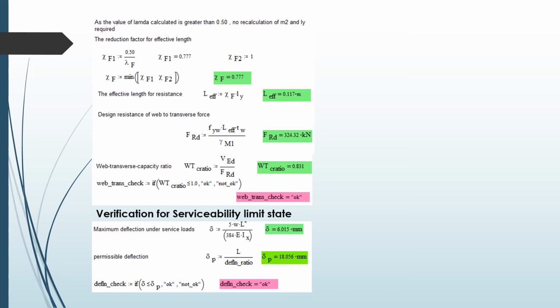So the deflection check shows that the calculated deflections are very much less than the permissible ones. Therefore, our section passes the verification for serviceability as well. So to conclude, we say that the assembled section satisfies all the verification checks outlined in EC3, therefore is acceptable.